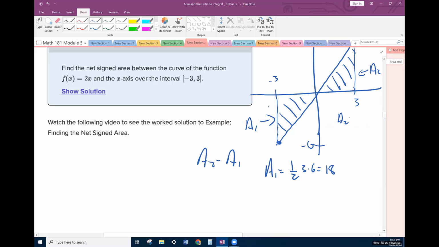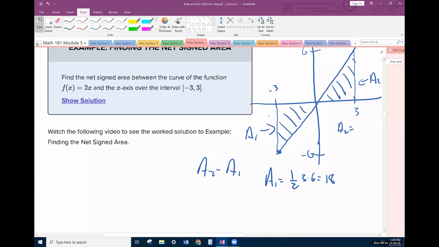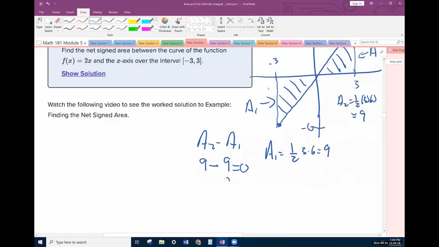Area 2 is similar, 1/2 of 3 times 6. No, that's not 18, that's 9. So area 2, which is 9, minus area 1, which is 9, comes out to be what? 0.